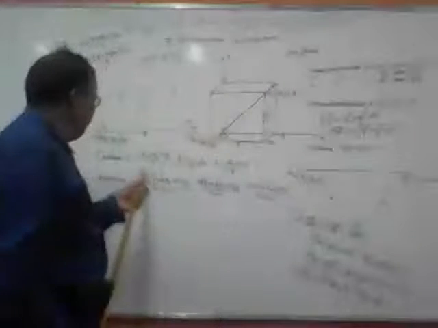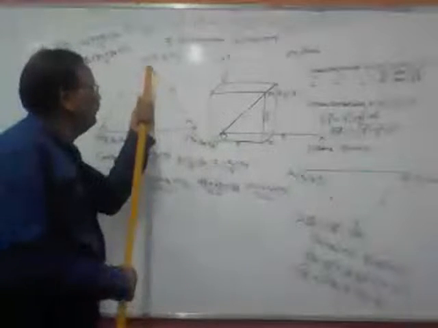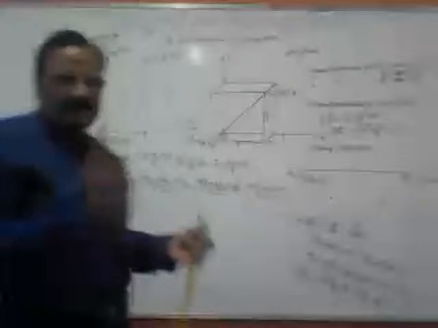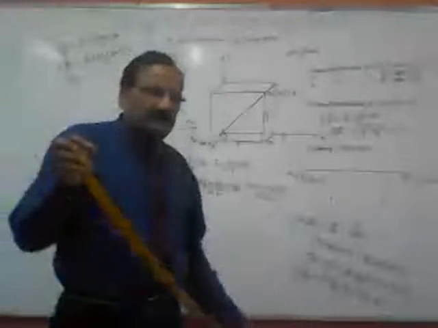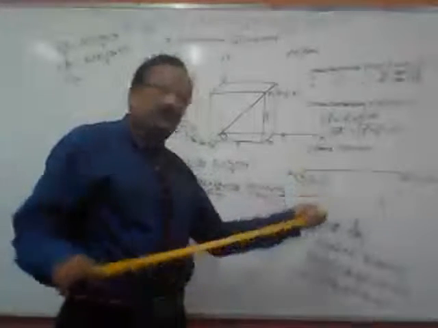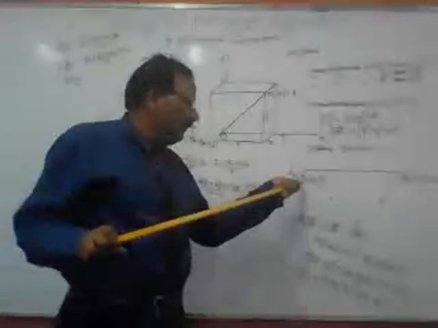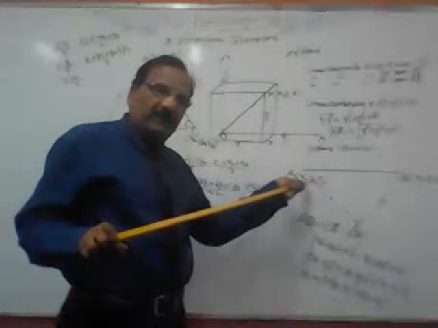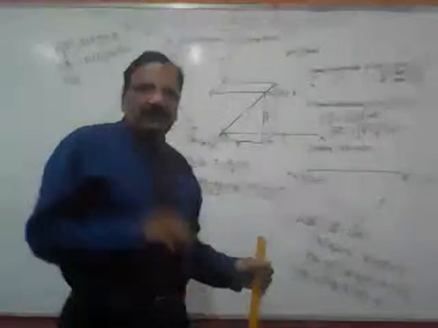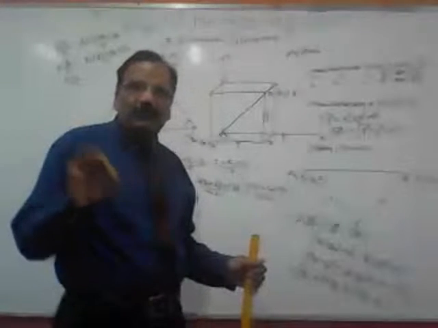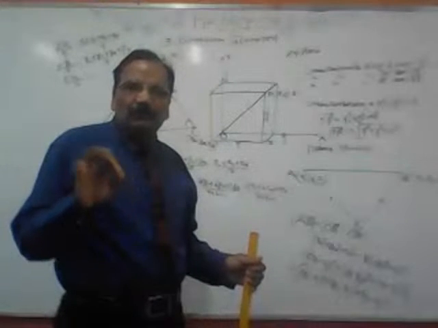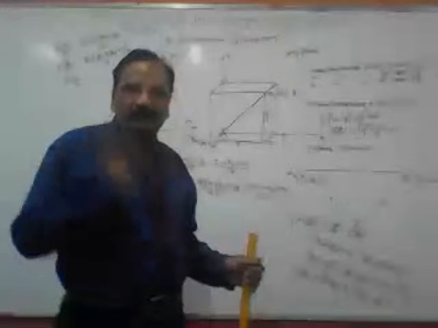The third thing you became familiar with is the section formula. For the internal section of a line AB, the formula is (mx2 plus nx1) upon (m plus n), (my2 plus ny1) upon (m plus n), (mz2 plus nz1) upon (m plus n).